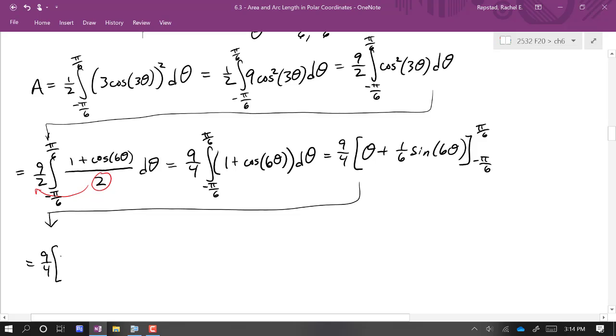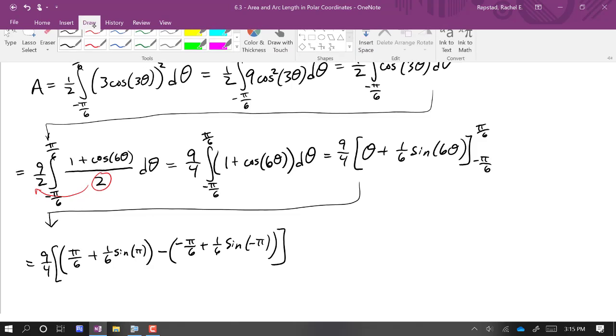Okay, let's throw in our limits. Throwing in pi over 6, we get pi over 6 plus 1/6 times sine of pi, minus, when we throw in negative pi over 6, we get negative pi over 6 plus 1/6 sine of minus pi.